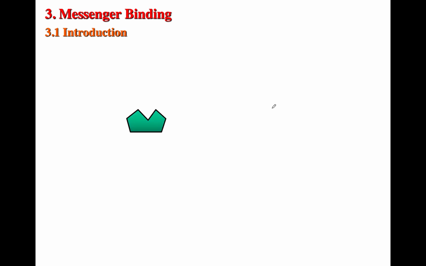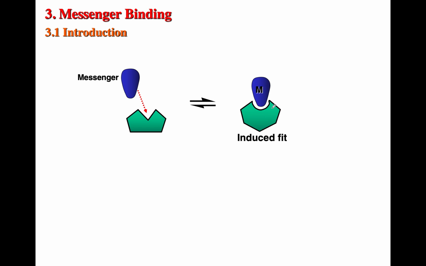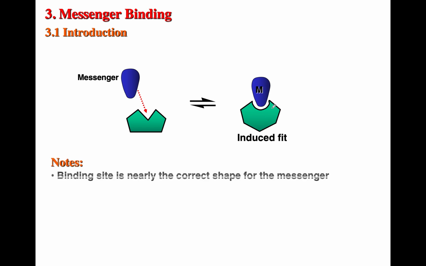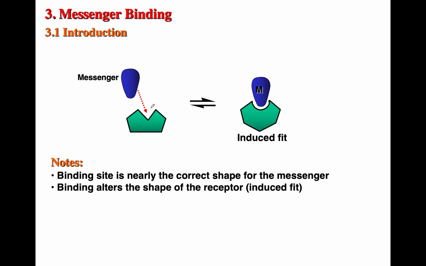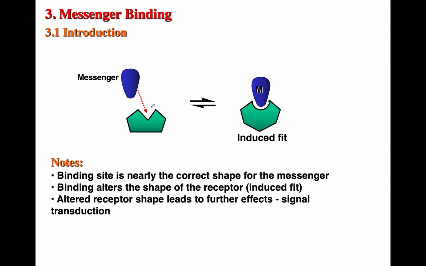Now, the messenger binding is going to lead to an induced fit. The binding site has nearly the correct shape. When the messenger approaches the binding site, it is going to cause the binding site to change its shape to accommodate that messenger.